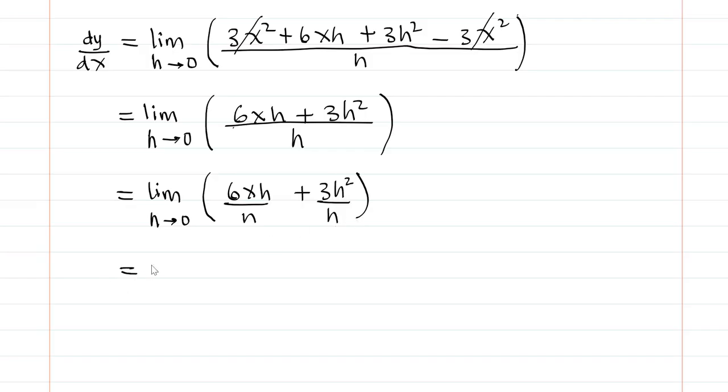And then we simplify that. So we shall have the limit as h tends to 0 for this h and this h are going to cancel. H and h will cancel, so here we shall be left with 6x plus, h will cancel here, so we shall have 3h.